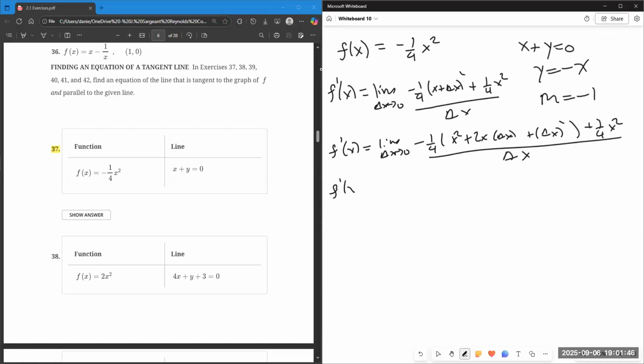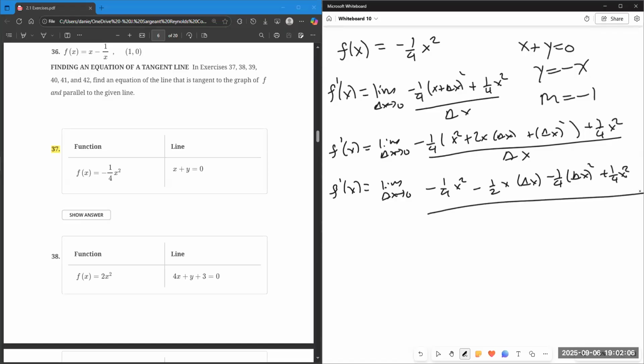F prime of x is the limit as delta x goes to 0 of negative 1/4 x squared minus 1/2 x delta x minus 1/4 delta x quantity squared plus 1/4 x squared over delta x. This term and that term cancel each other out.